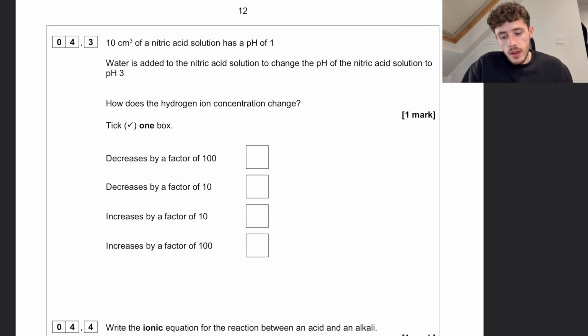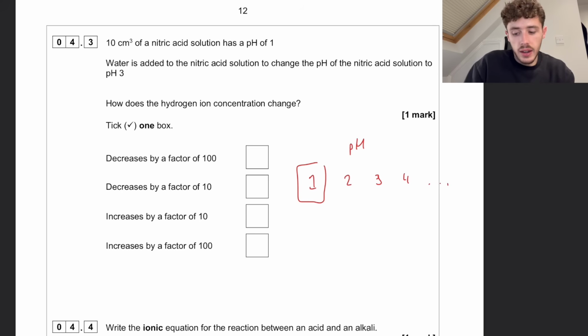So if you imagine your pH scale here, you've got 1, 2, 3, 4, and so on. Every time you go up a number, because 1 is the strongest in terms of acidity, if you go from a 1 to a 2, you're decreasing it by a factor of 10. So if you go from a 1 to a 3, that's going to be 10, and then 10 again. So that's going to decrease by a factor of 100.